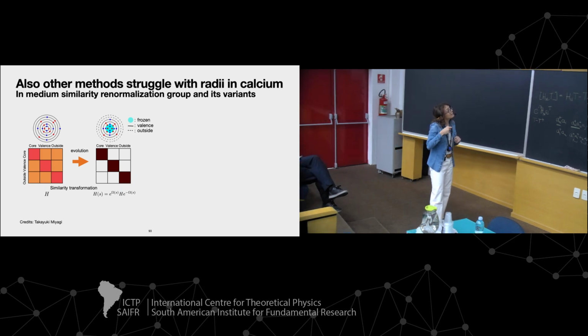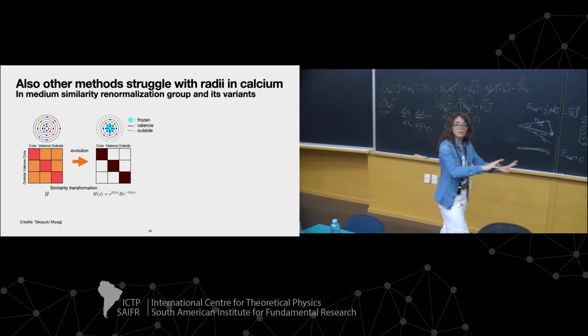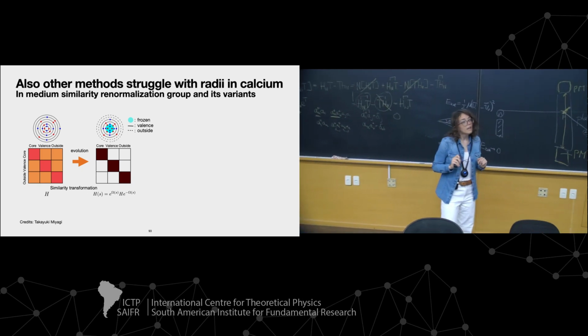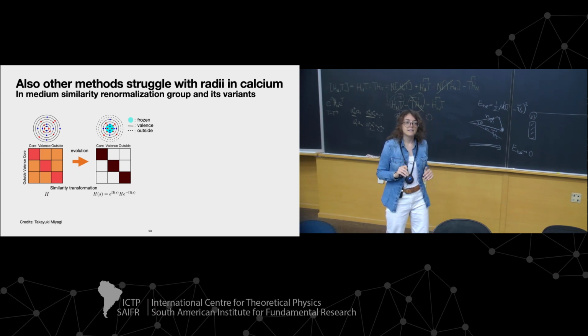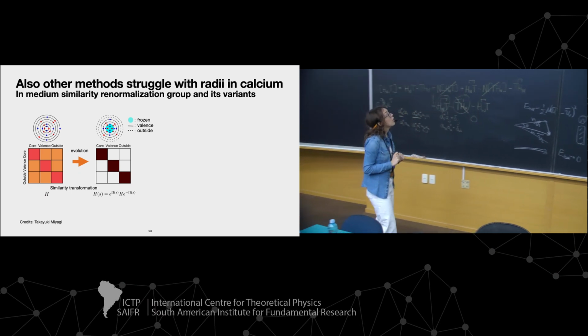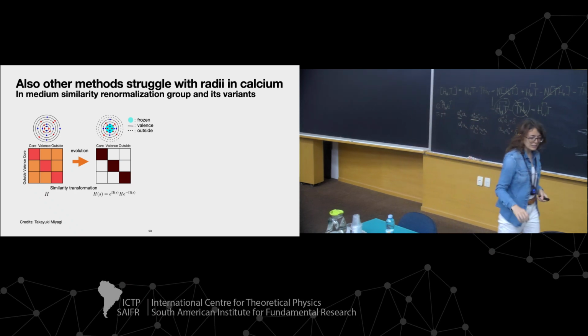And then via the similarity transformation evolution, we can actually decouple these different components, and in this way we can extract an effective interaction that we can put into a shell model code, and that we can diagonalize and get all the properties of nuclei from that shell model diagonalization.